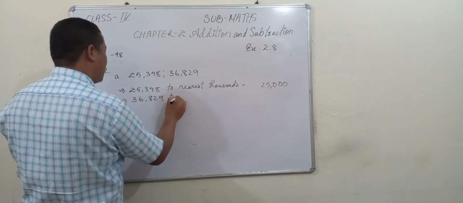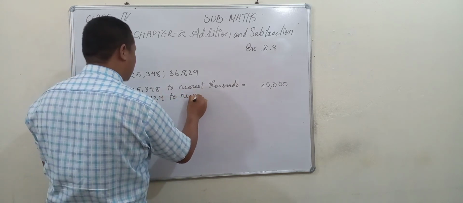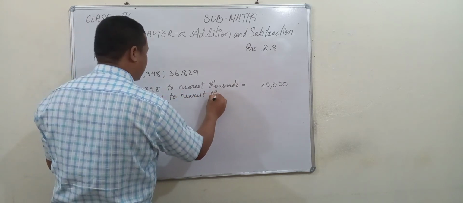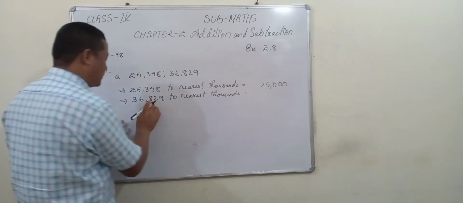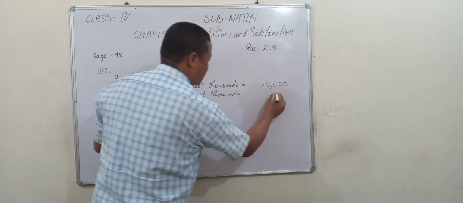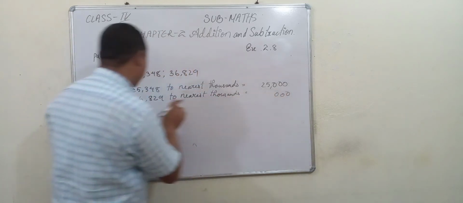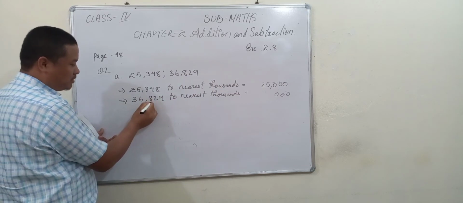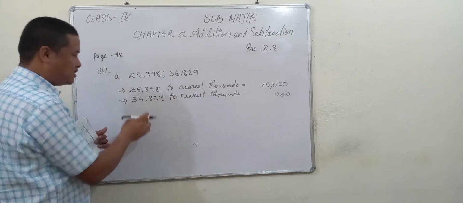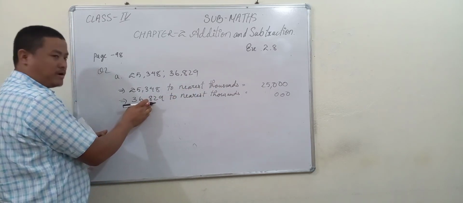Now next number is 36,829 to the nearest thousand. First this 3 will become 0. Now you observe the hundreds place. Nearest thousand means we'll see the hundreds place. What number is there?